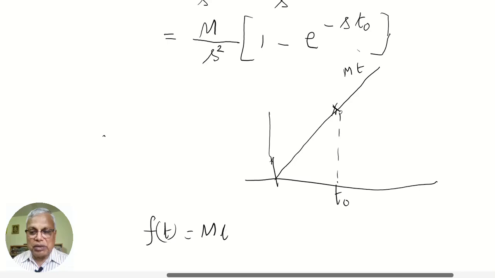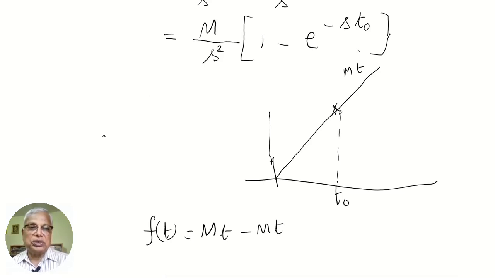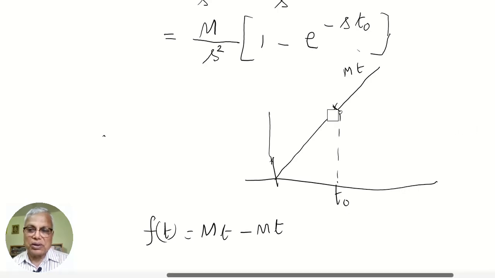If it continued, it would have been m t, but here it is terminated, so I have to remove this portion. So minus m t. From here it is terminated, so I have to remove this m t. That's what I have done here, m t minus m t.